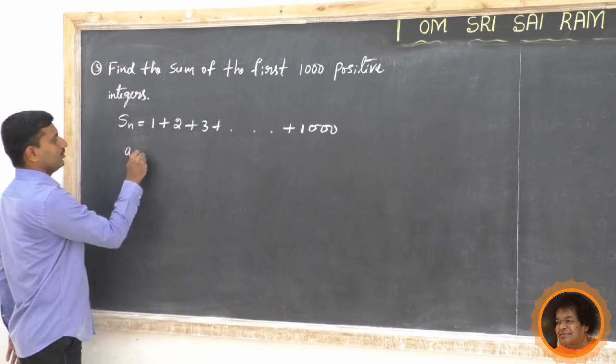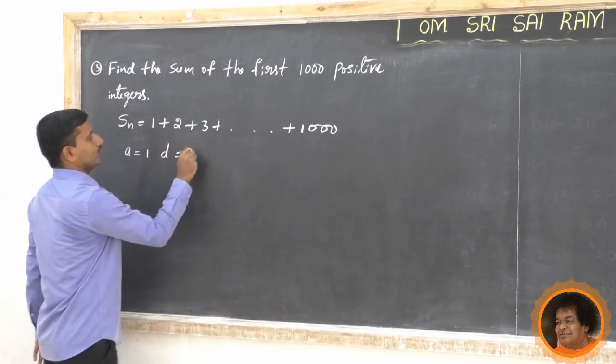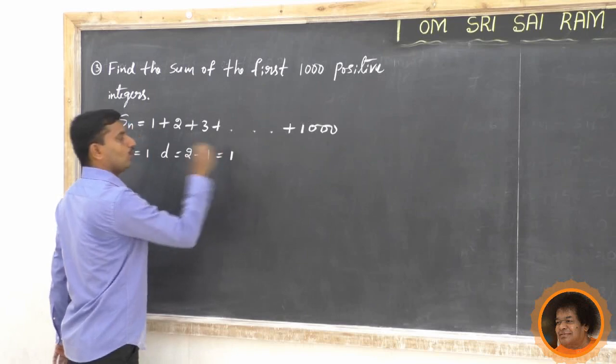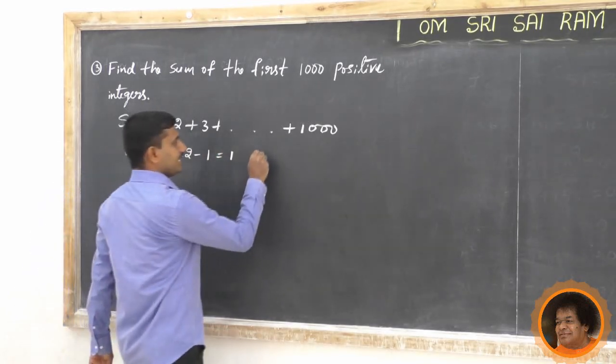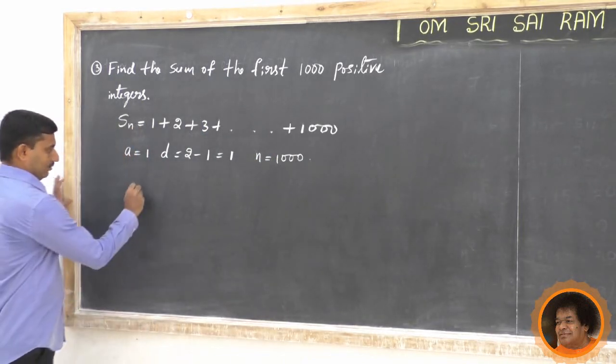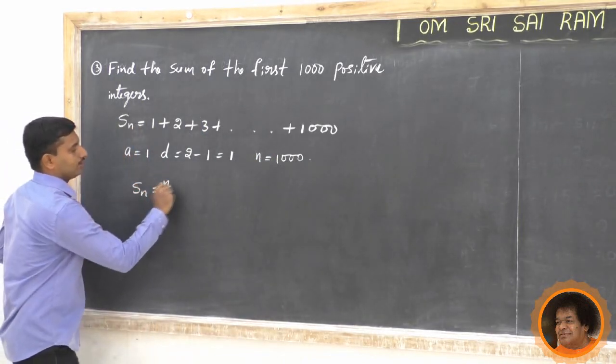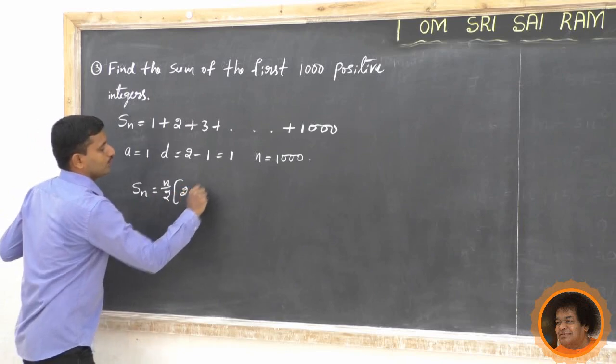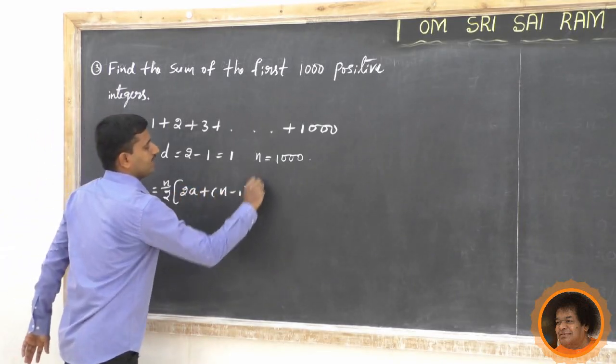So a equal to 1, d equal to 2 minus 1 equal to 1, n equal to 1000. What is the formula? Sn is equal to n by 2 into 2a plus n minus 1 into d.